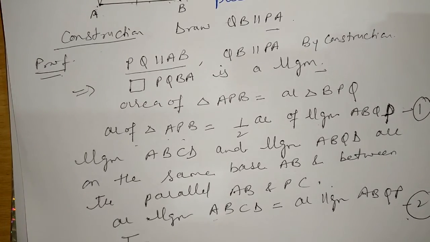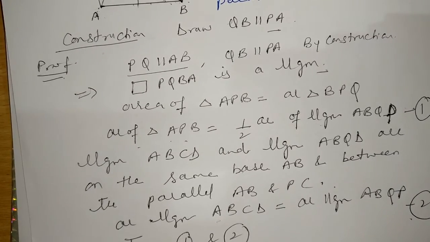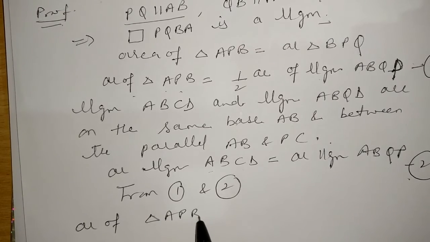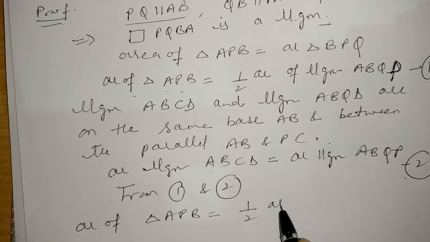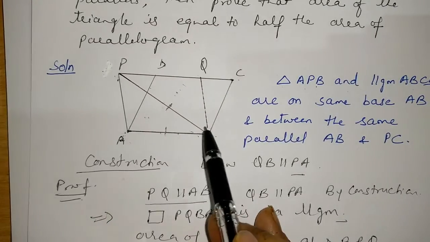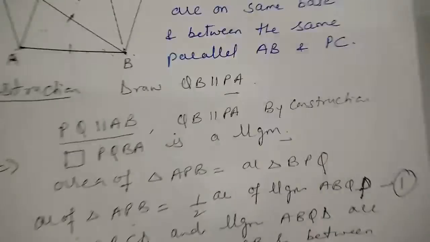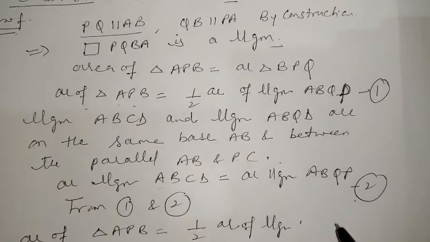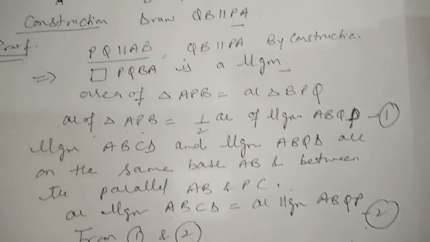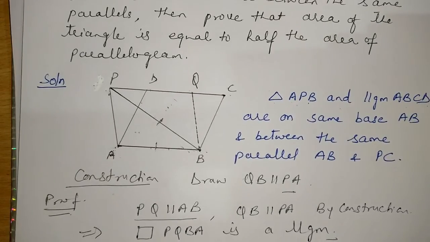From 1 and 2, area of triangle APB is half area of parallelogram ABCD. Hence proved.